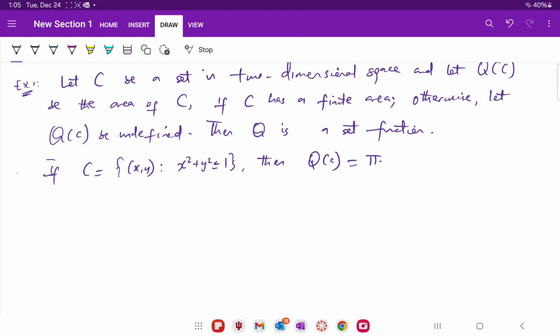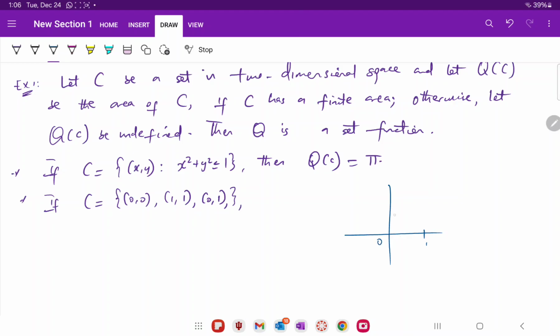Okay, so let's check another example, using the same function, which is area. If C is the square with vertices 0, 0, 1, 0, 1, 1, and 0, 1, then this looks like a rectangle. Let's have a good look at this.